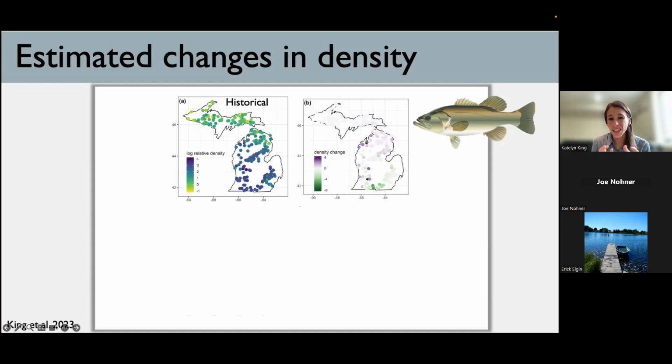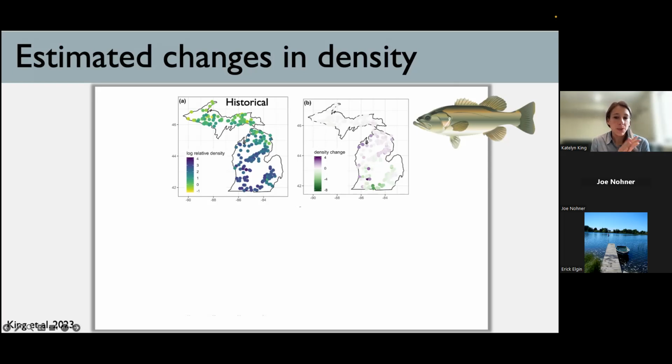And so we see a lot of no change in the Upper Peninsula, so mostly that white color. Some decreasing abundance in the lower part of the Lower Peninsula, and a lot of the increasing abundance is seen in the upper part of the Lower Peninsula.